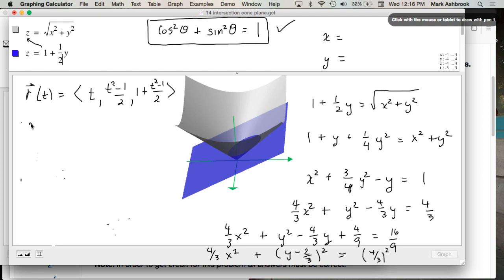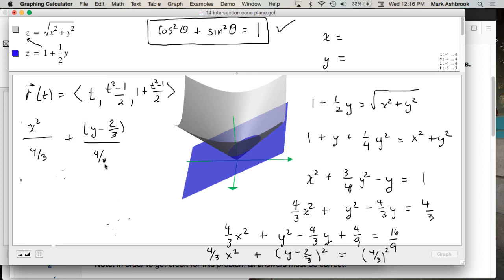So we're going to have x squared over 4/3 plus y minus 2/3 over 4/3 squared equals 1. Oh, that's squared. Please check my math. If you think I made an algebra error, please, yeah. What if the 4/3 cancel out because you have the coefficient of 4 over 3 on x squared? Yeah, it'd just be 1.